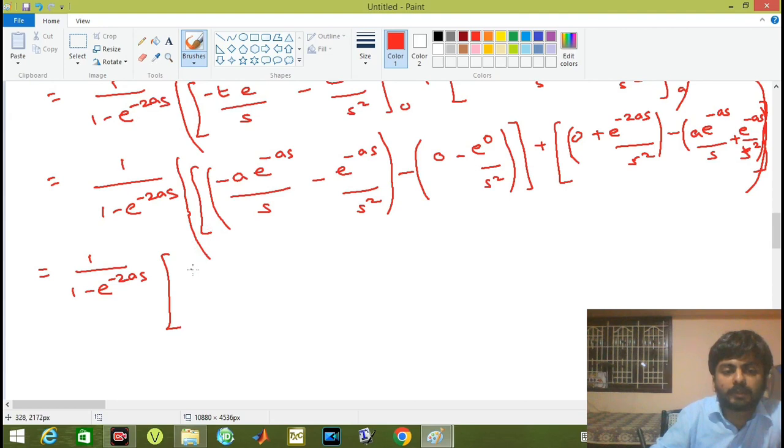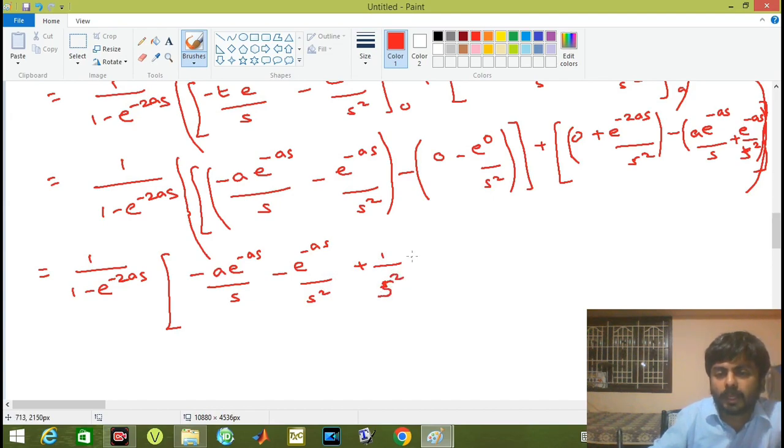We have to check, but before that we shall write everything. Minus a e power minus as by s minus e power minus as by s square, minus of minus will become plus 1 by s square, then plus e power of minus 2as by s square, then minus or plus. You have to check this.